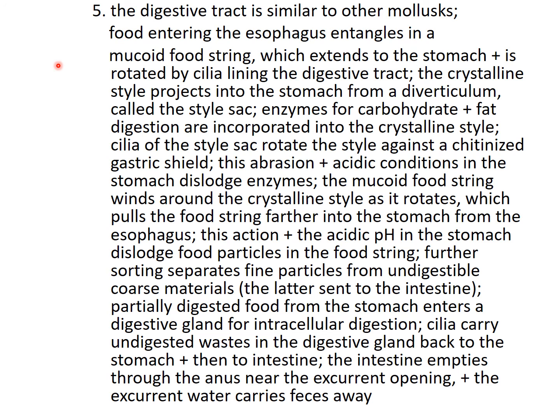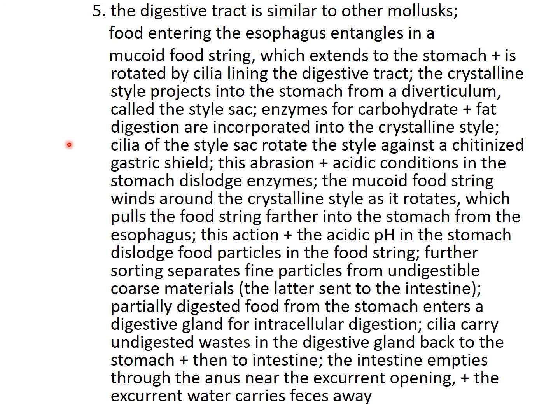In the stomach, there's a crystalline style that projects into the stomach, and it comes from a little pouch called a diverticulum, and that little pouch is called the style sac. And enzymes that are used for carbohydrate and fat digestion are incorporated into the crystalline style.